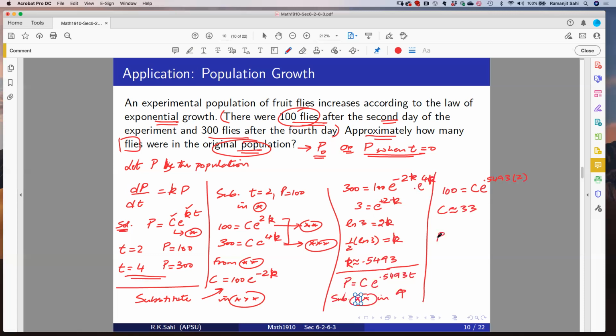So the population solution to this differential equation is P equals 33 e to the power 0.5493 t. Now, remember the original population you have to find. The original population means when t is 0. So P is 33. That means on the very first day the fruit flies started, there were 33 of them.